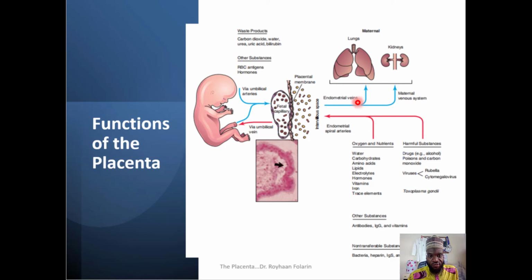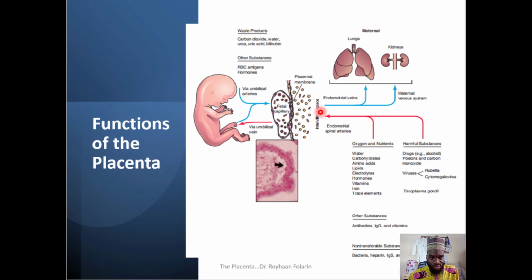So the mother's endometrial veins pick this up and take it into the maternal venous system for reoxygenation and to have the nutrients refilled. So once the mother is ready to give back to the developing fetus water, carbohydrates, amino acids, lipids, electrolytes, hormones, vitamins, ions, and all of these nutrients, they go back to the child through the endometrial spiral arteries.